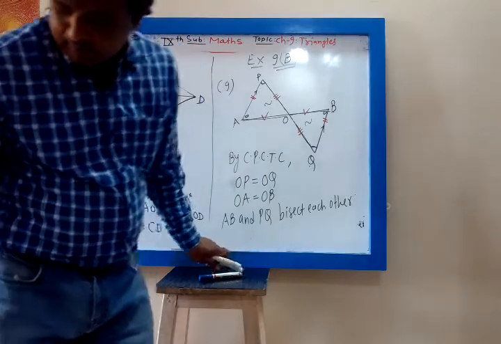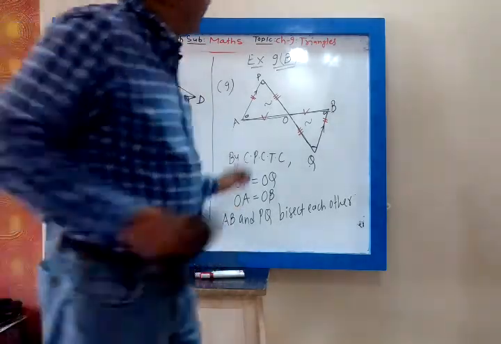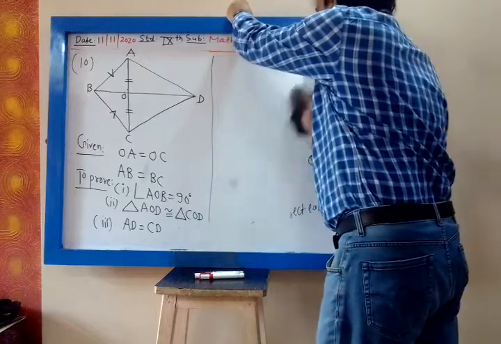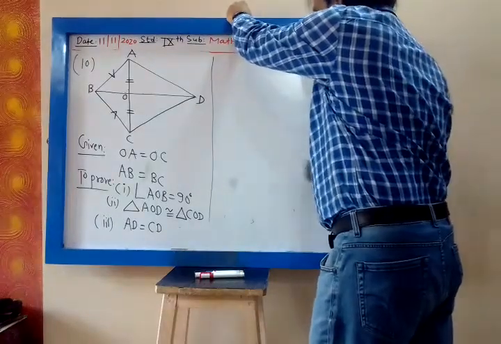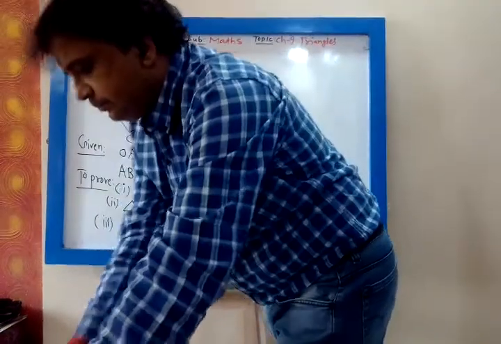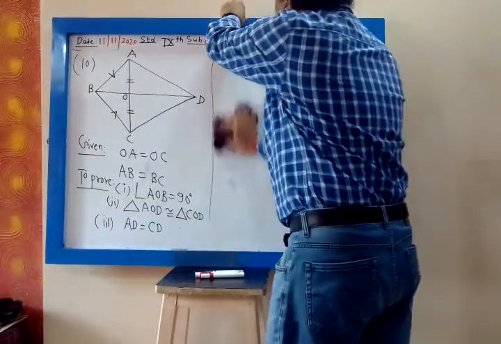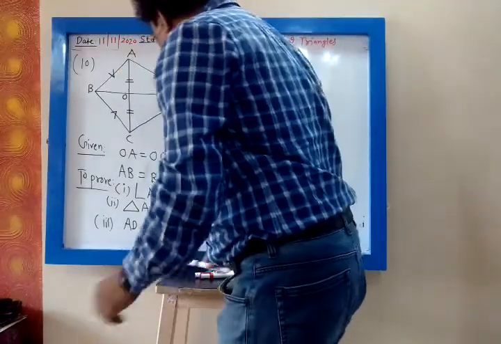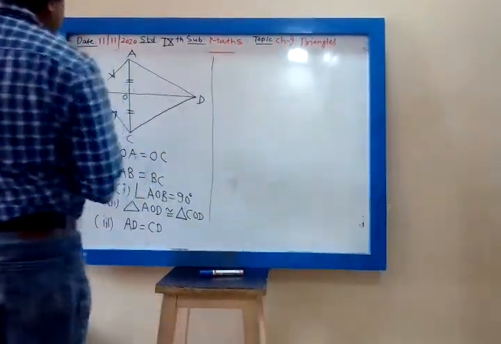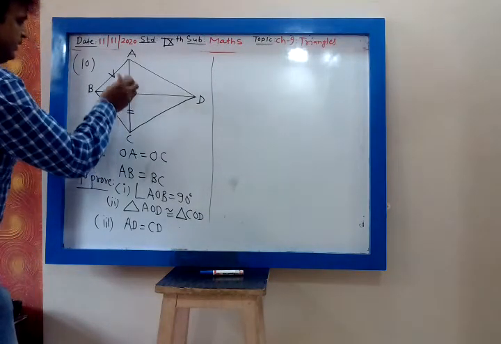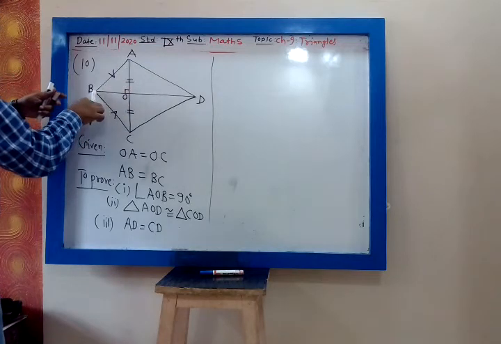Okay, let us start. One step at a time, we'll go. First you want to prove that angle AOB is equal to 90 degrees. Correct? So in which triangle is angle AOB there? Tell me. See, this is my angle AOB.